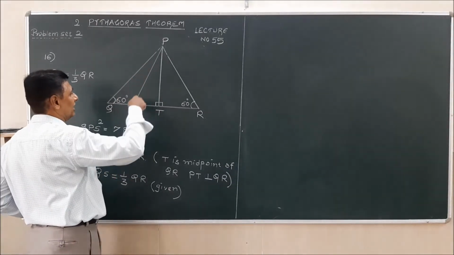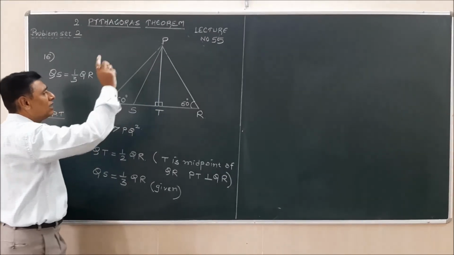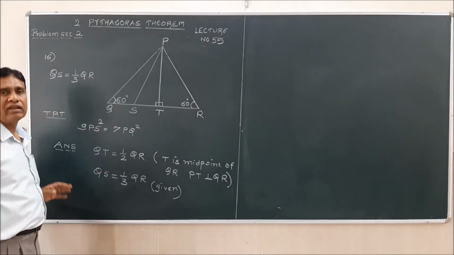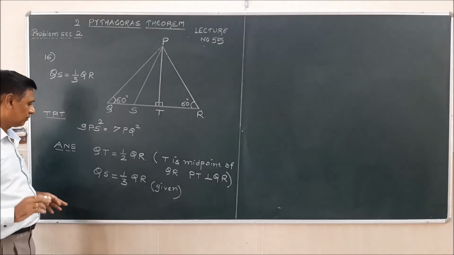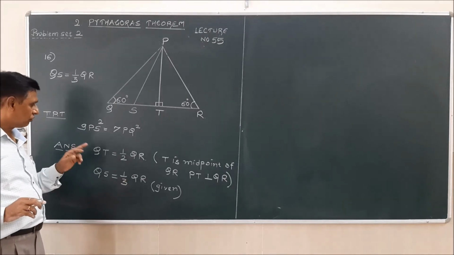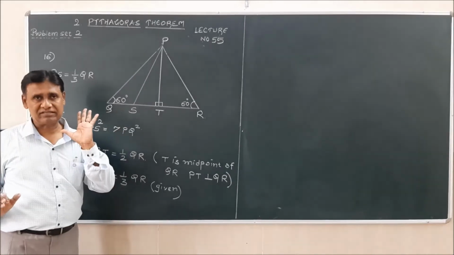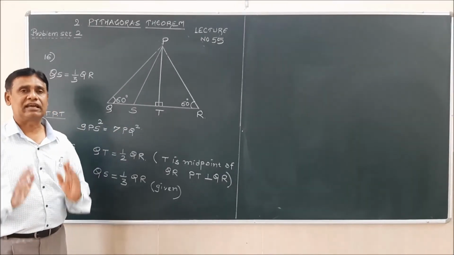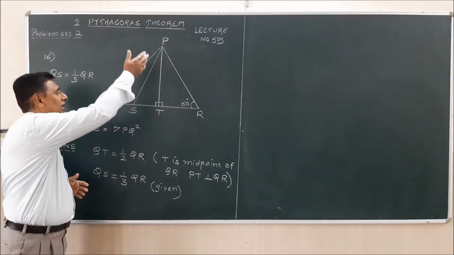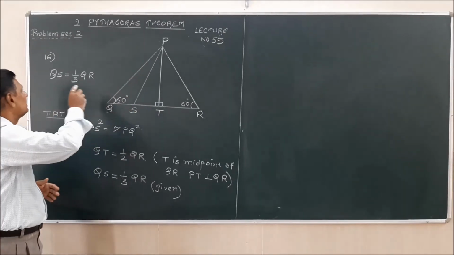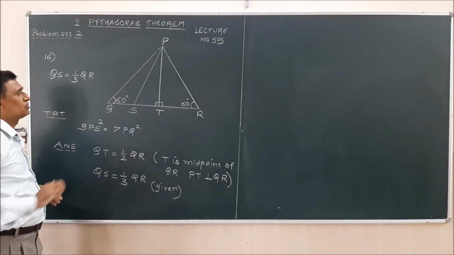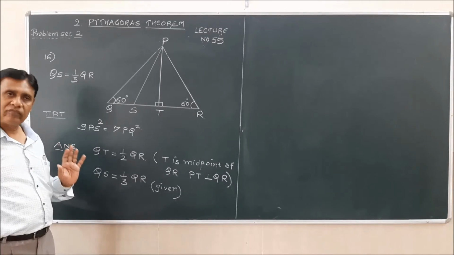Because I am going to apply the theorem of Pythagoras to triangle PST. That is very important. So QS is 1/3 QR, QT is half QR. What is my aim? To get ST. I am going to apply the theorem of Pythagoras to PST because I want PS square. That's all I know. Fine.